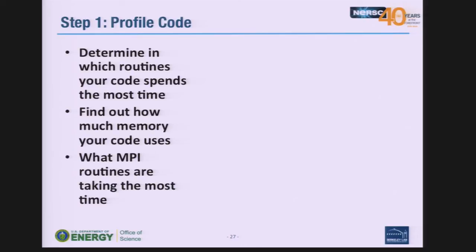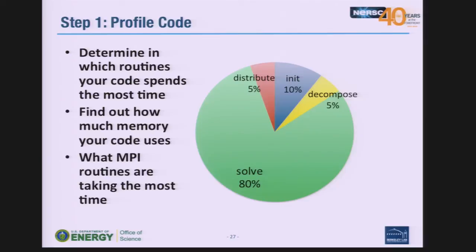It's sort of surprising how many NERSC users don't do this, right? First of all, you have to know where your code is spending the most time. You guys are the CSGF people, you know this, but if this is your distribution of how your wall clock time is divided up, it doesn't make a lot of sense to start with something that's not taking very much time. It's worth repeating because I think a lot of people don't know where the most time is spent in their codes.